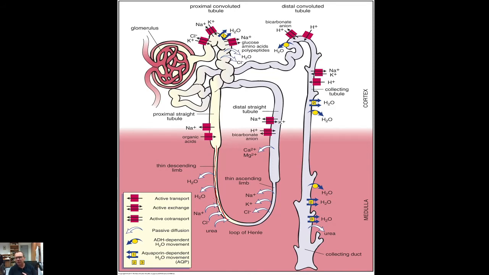Ions usually go in and water goes out, and the content, the urine in the loop, becomes more and more concentrated. Then is the turn, and the urine goes up, but the wall becomes permeable only to ions.